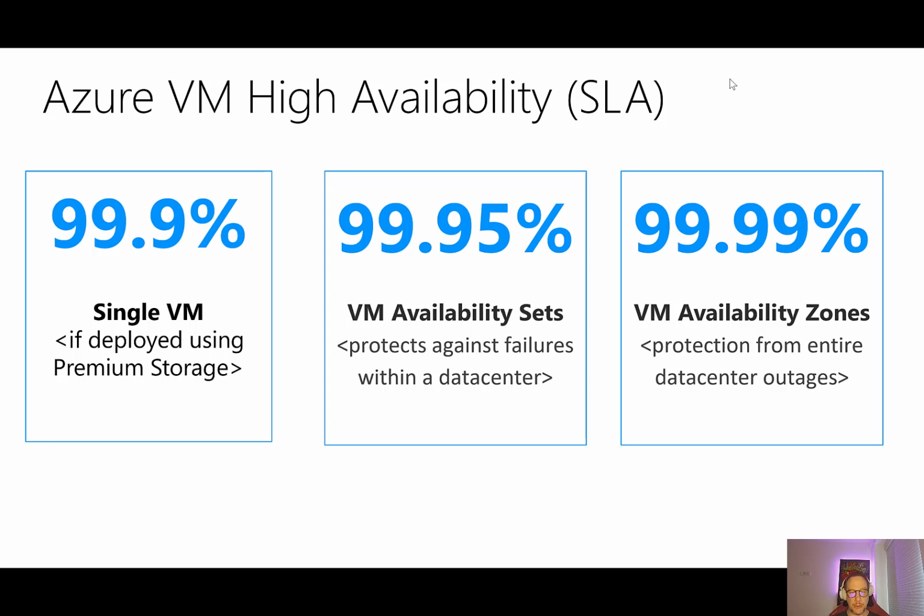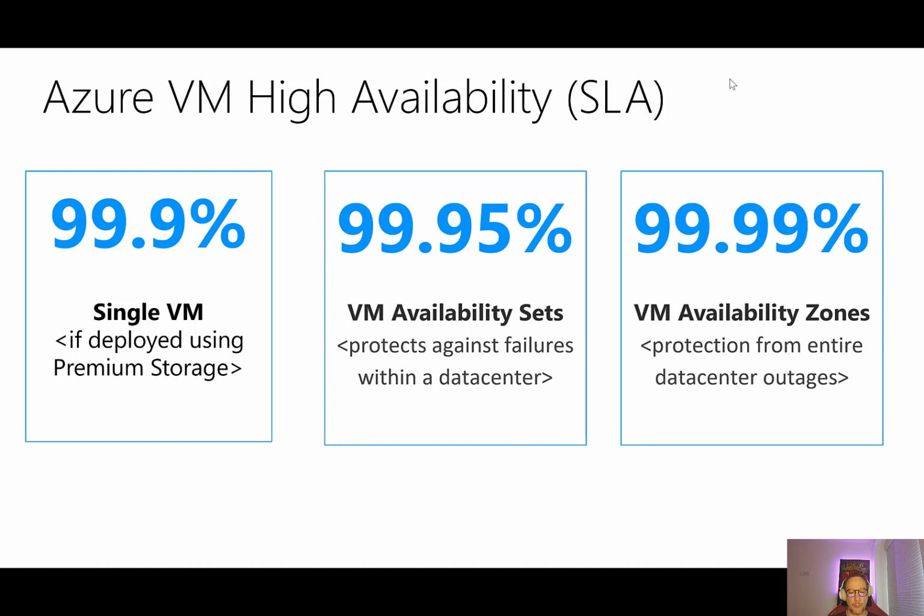What you can do there is deploy identical virtual machines, at least 2 instances or more, up to 1000 as the maximum, in an availability set or an availability zone. What is an availability set? It's where you deploy multiple identical virtual machines across different physical racks, what we call fault domains in the technical terminology, but still in the same Azure region, and even more detailed, in the same data center building.